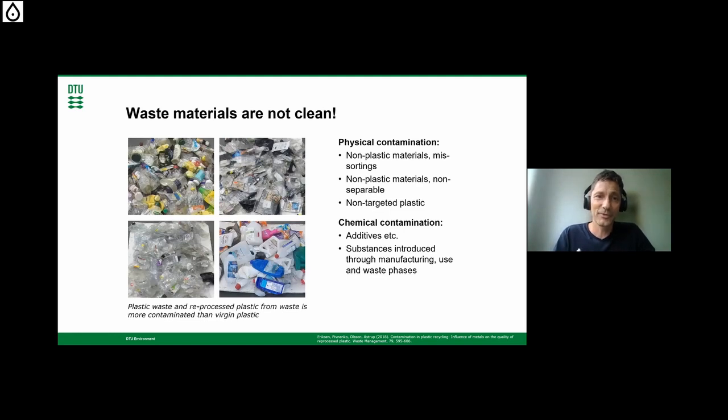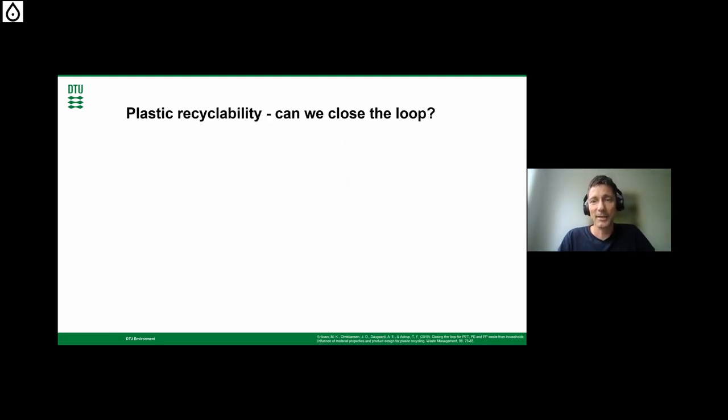So there can physically be other materials there, paper, labels, and so on and so forth, stuff that shouldn't be put in the waste bin for plastic. But there can also be chemical contamination that actually makes it difficult to recycle. For example, different kinds of additives, colorants, other stuff that has been mixed together with the plastic. And that's not good when we want to recycle it.